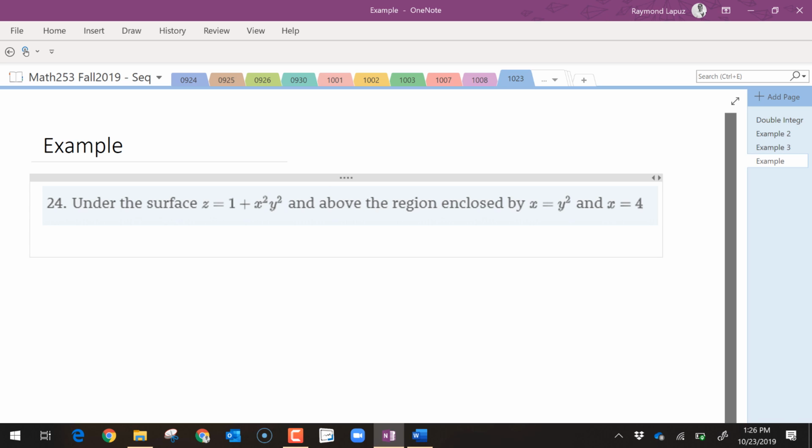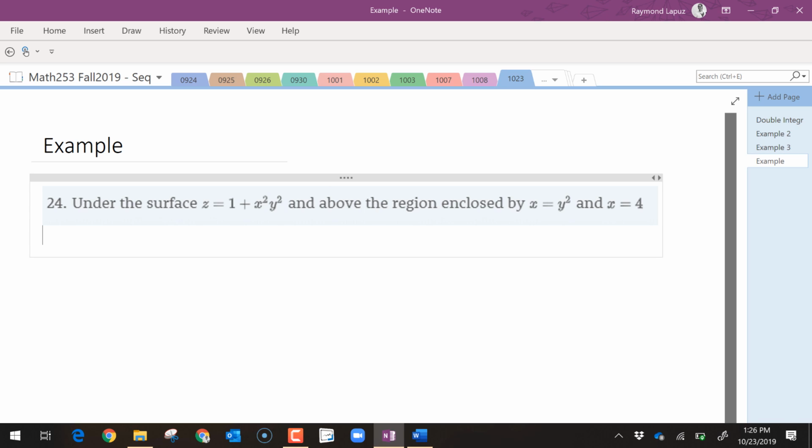A double integral can be seen as a volume under a surface. The area under the curve, your limits are just from A to B, which is just an interval in one dimension. Your x goes from A to B, whatever they are. But when we're talking about double integrals, your base is a two-dimensional region, and then you get height.